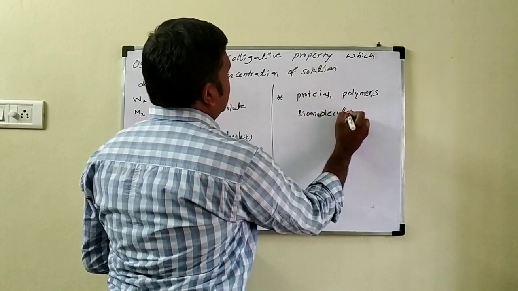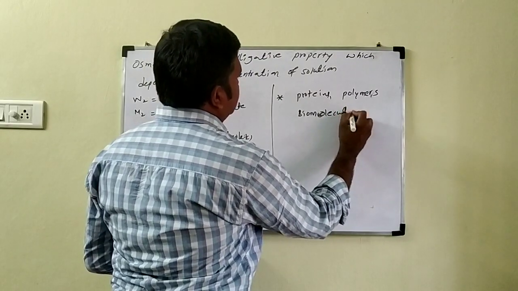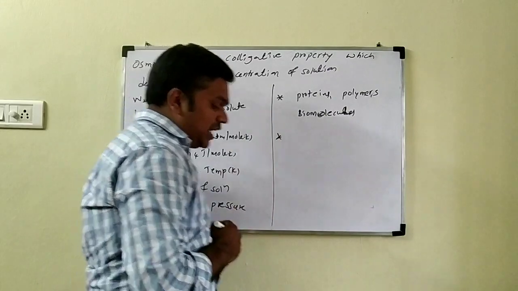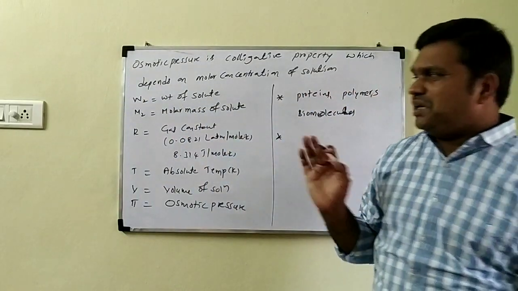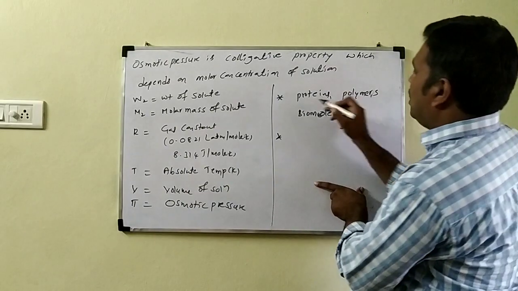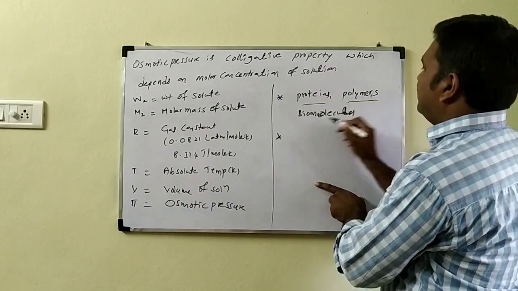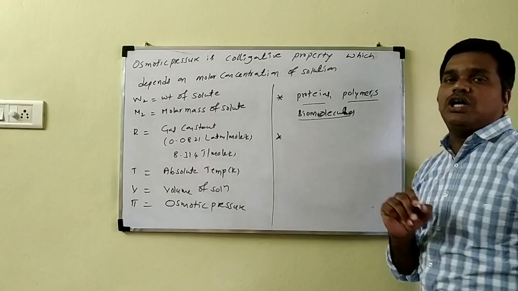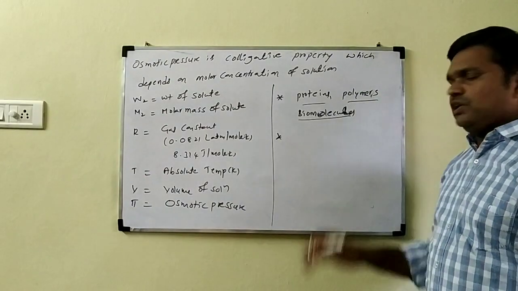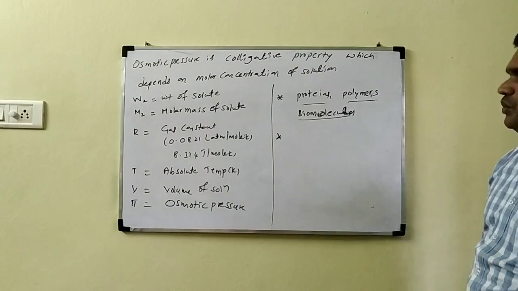Osmotic pressure is mainly used in the determination of molecular masses of proteins, polymers, and biomolecules only.